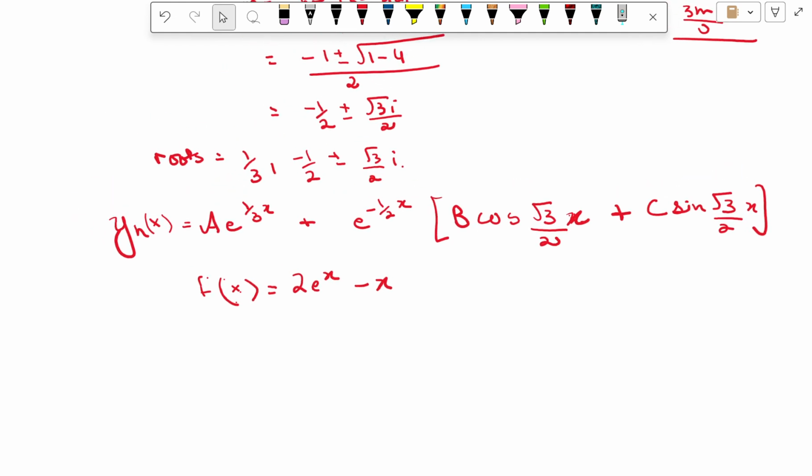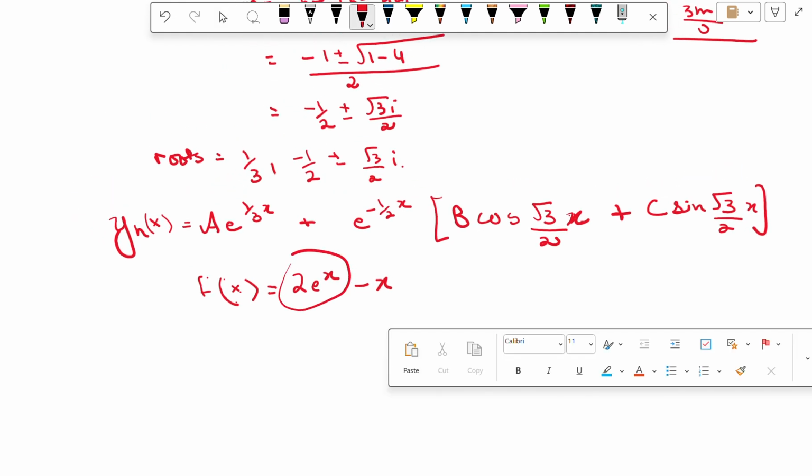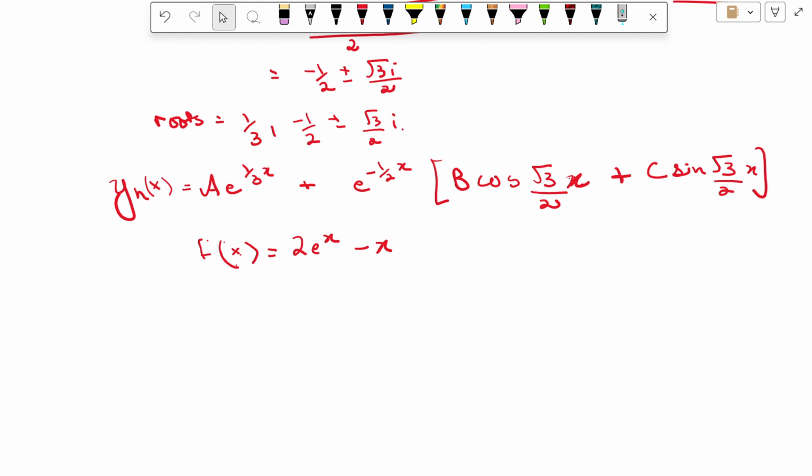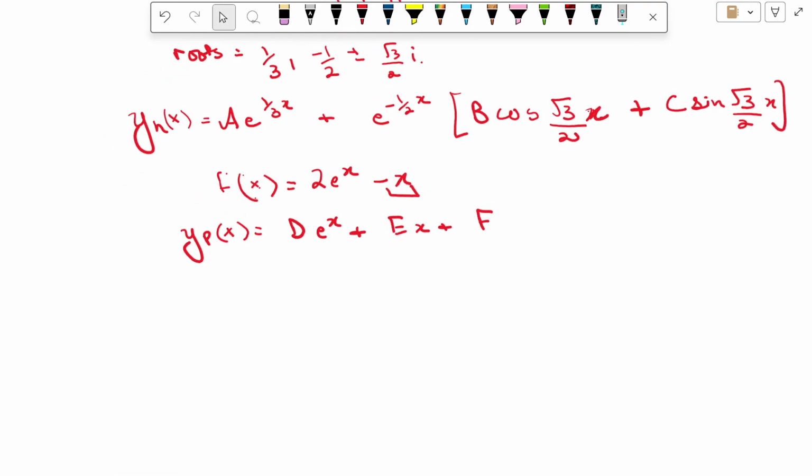So we can already see there is neither something like e^x nor x in the homogeneous solution, so we don't need to exclude anything. So the form of the particular solution is going to be: e^x is only going to come once, so let's say d e^x, but x can come as x as well as a constant if differentiated once.